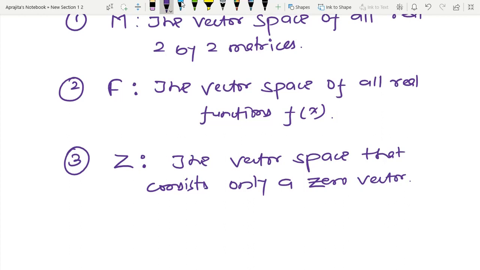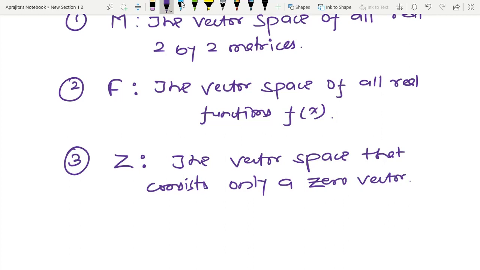So you can see here in all these three examples, I am no longer just dealing with those kind of vectors which have just a column.